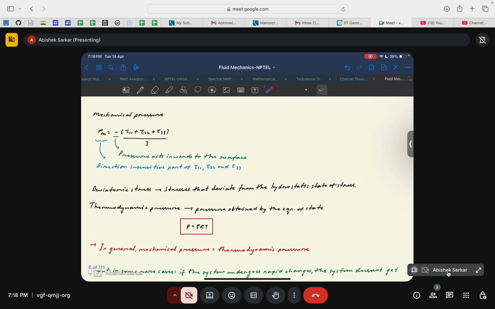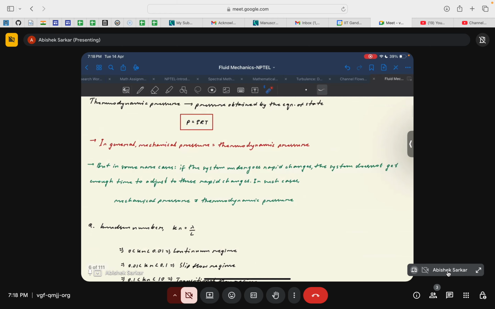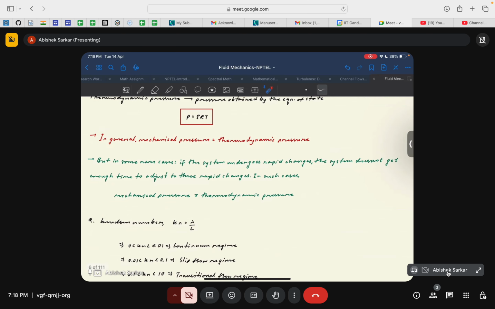Thermodynamic pressure is obtained by the ideal gas law. Usually these two are identical to each other, specifically if the Stokes hypothesis is valid, then the mechanical pressure is equal to the thermodynamic pressure.